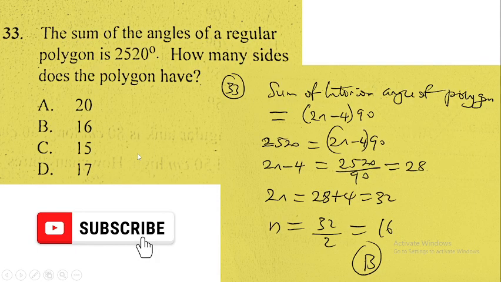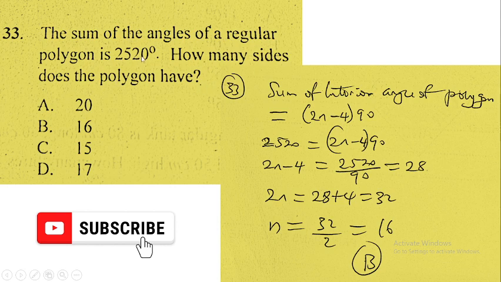Now question number 33 is also on polygon. It's related to the question that we have solved before, but it's another way a question can be asked on polygon. What is it saying? The sum of the angles of a regular polygon is 2520 degrees. How many sides does the polygon have?